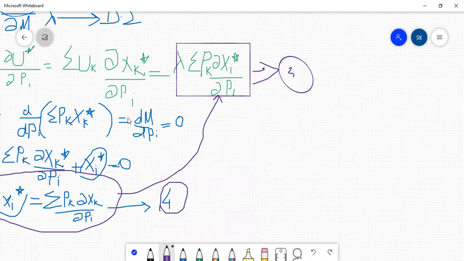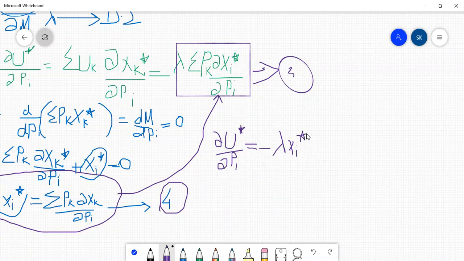We will substitute the value of xi star from here into this particular equation, and therefore we will get Roy's identity, which will be as follows: curly u star divided by curly pi is equal to minus lambda xi star, which is equal to minus curly u star divided by curly m, multiplied by xi star.